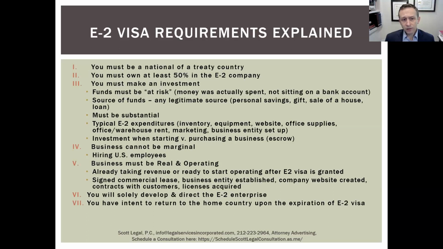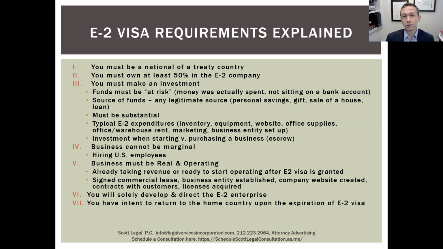And this is referred to as the business not being marginal. So that's a term used in the regulations. It's not a common term outside of the E2 visa, but really the marginality requirement is that the business needs to employ US workers.